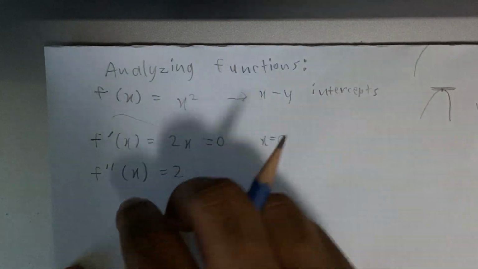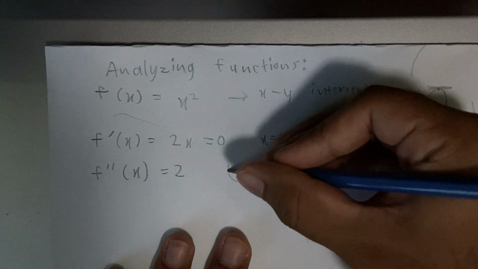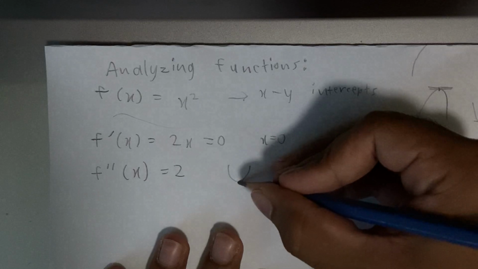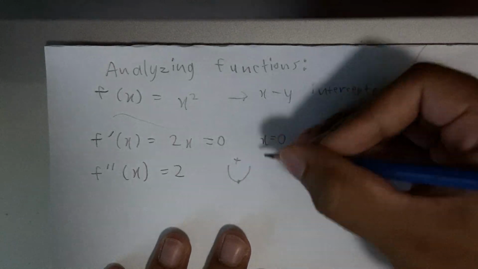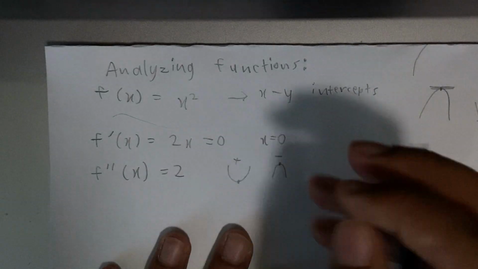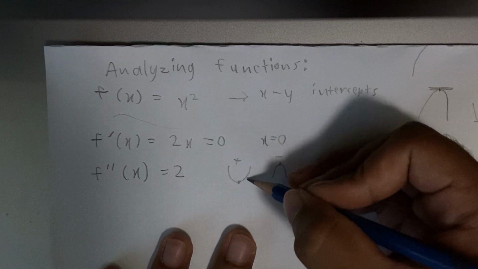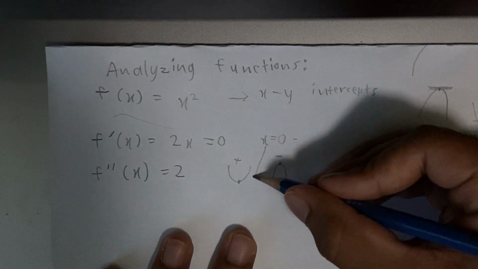If the second derivative is positive, that means the graph is concave up at that point, so it would be a minimum. But if it's negative, then the graph is concave down at that point, so it's a maximum. In this case it's positive, so this is a minimum.